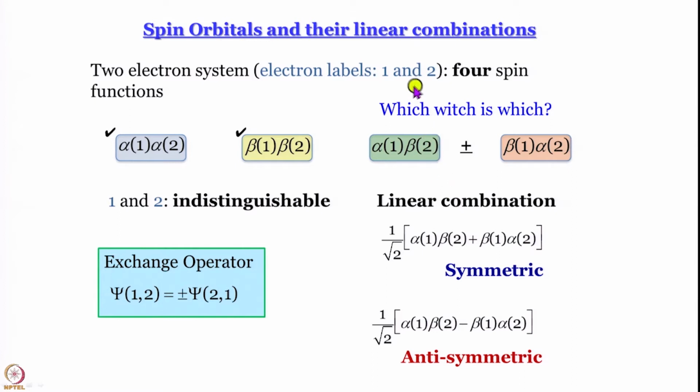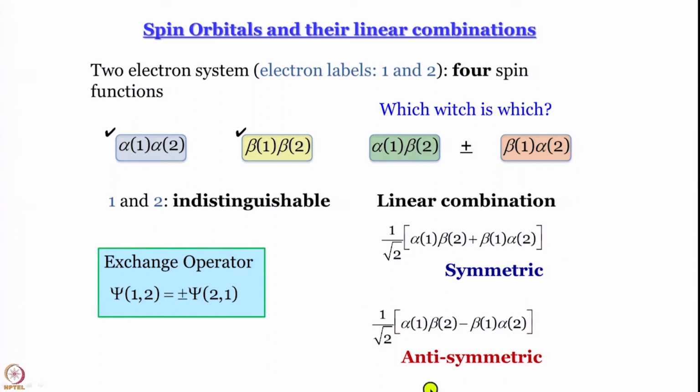We cannot say for sure that it is electron 1 and not electron 2 that has alpha spin, or that it is electron 2 and not electron 1 that has beta spin. So, the best we can do is take linear combinations, and there is no reason why we should stick only to plus. A linear combination connecting the 2 terms by a minus sign is equally acceptable.